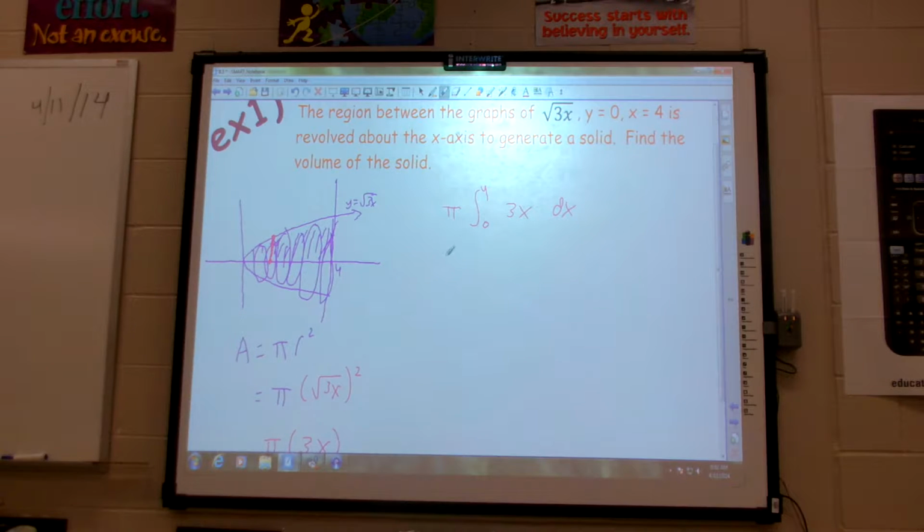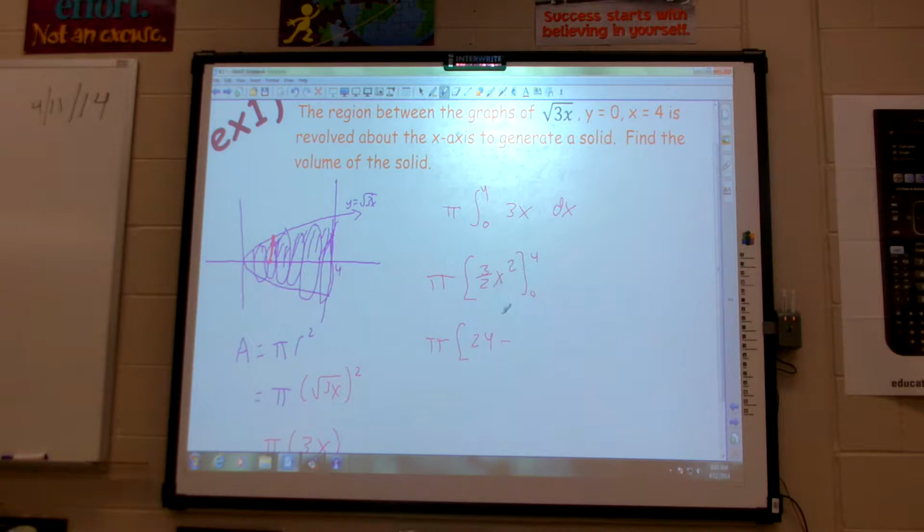Okay, so here we go. Very easy to integrate. My antiderivative is x squared from 0 to 4. Plug in 4. What do I get? 16.